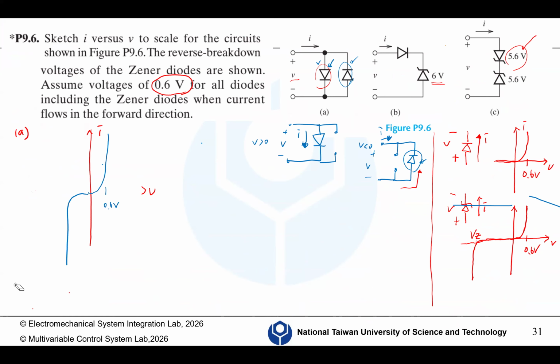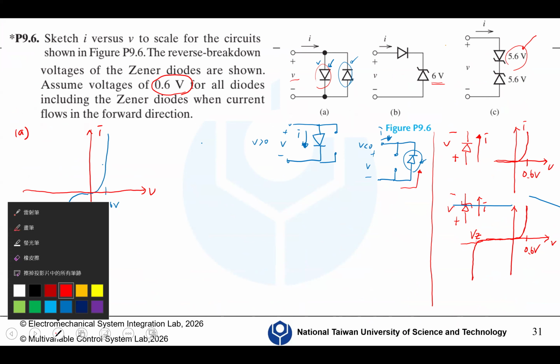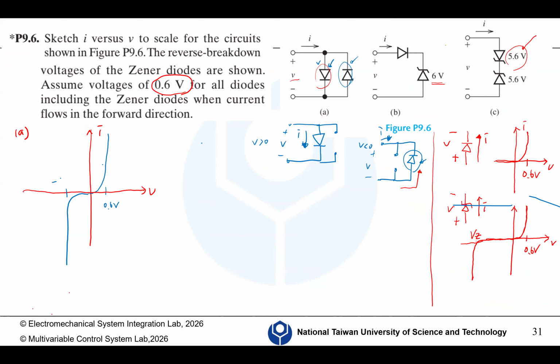This is minus 0.6 volt. So for positive V, this diode is on and the other is off, and you just follow the curve of the forward bias.